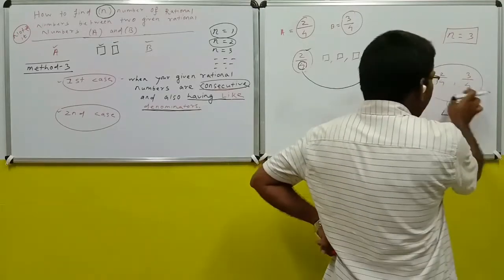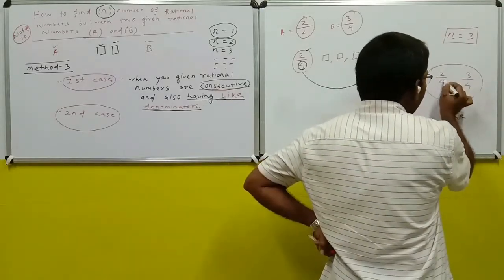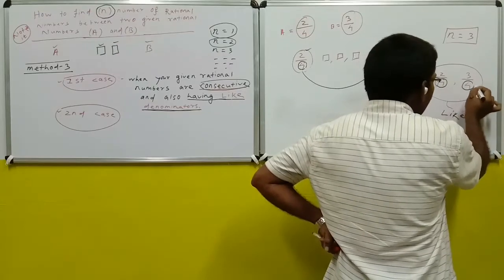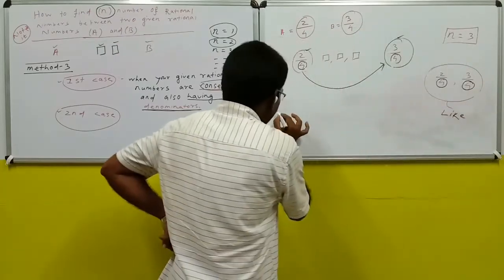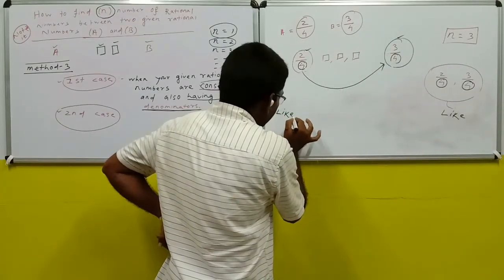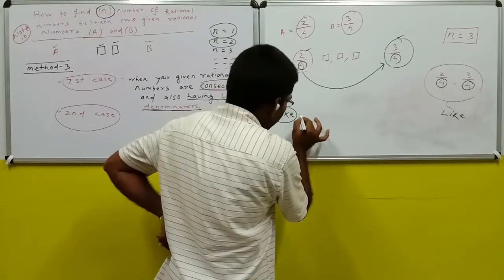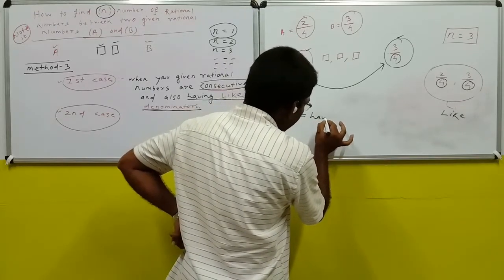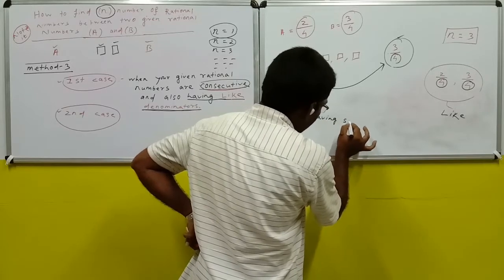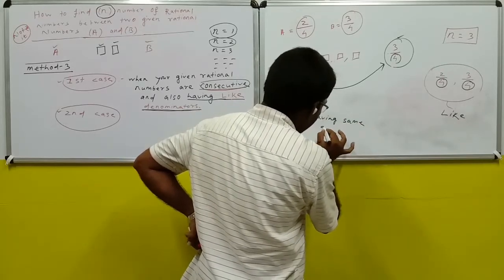Why are they said to be like? Why are they called like? Because they have the same denominator, that is 4. So like means having the same denominator.